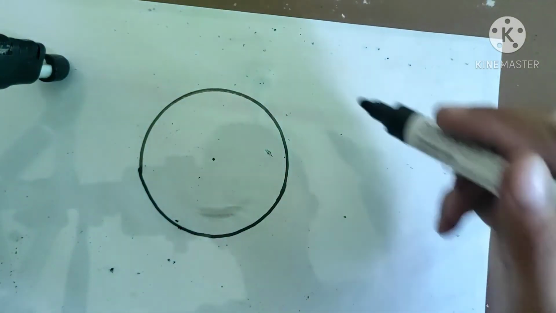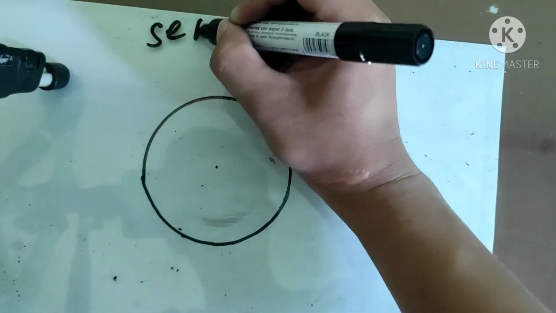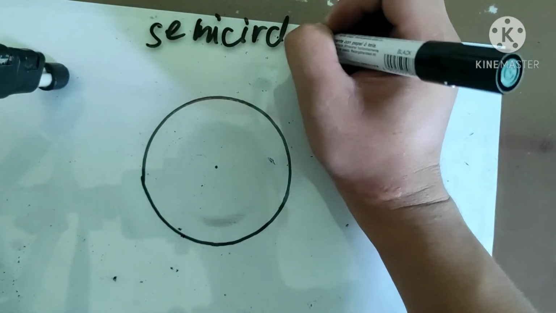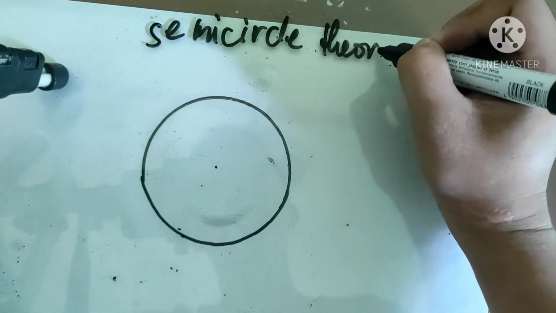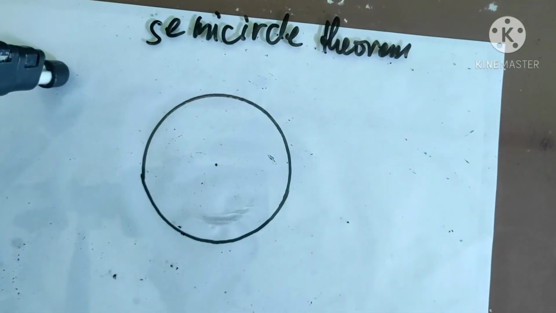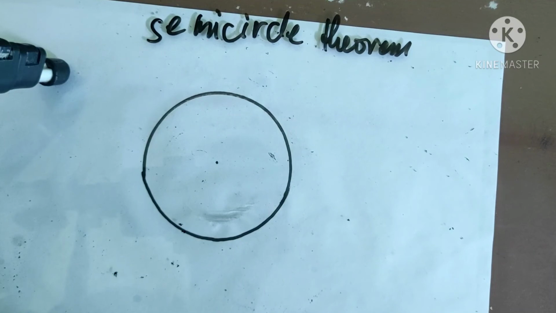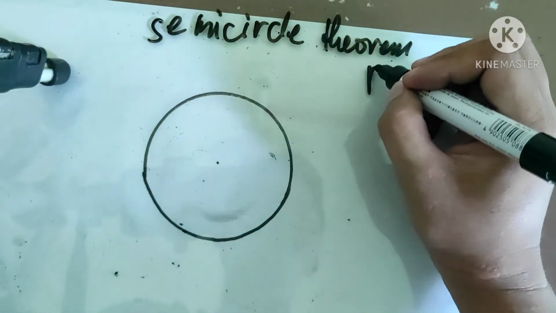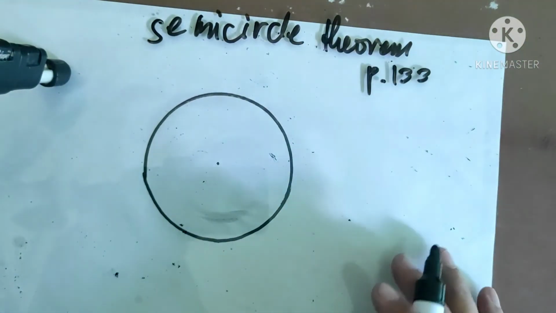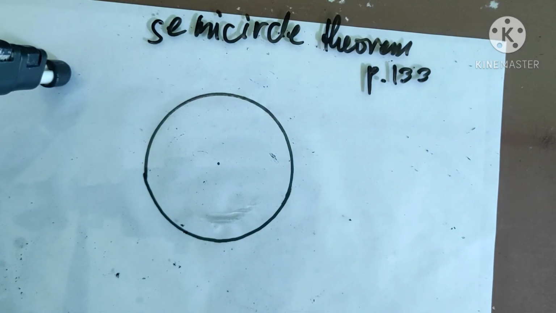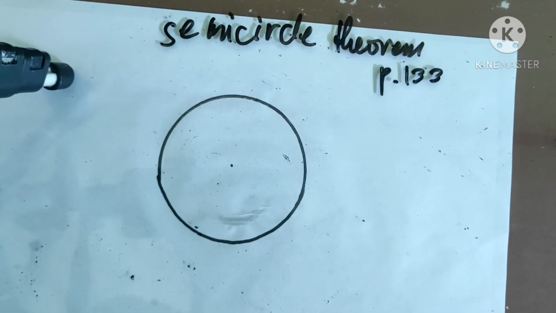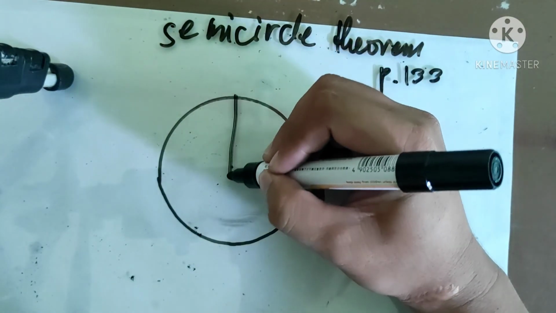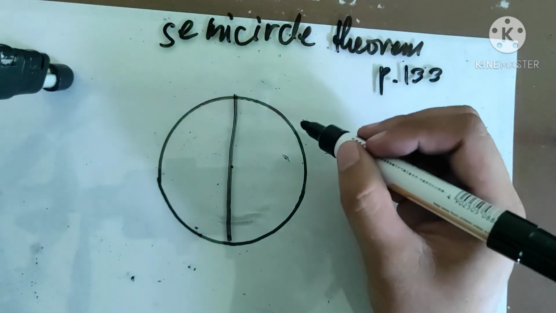Punta naman tayo sa semicircle theorem. Okay. So, sa semicircle theorem, sa page 133, an angle inscribed in a semicircle is a right angle. Okay. Yung angle natin.